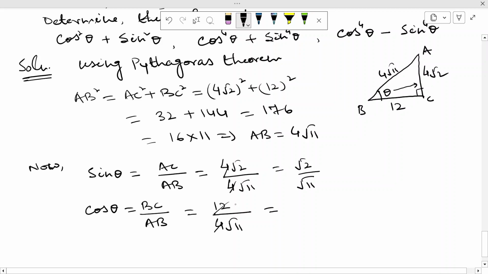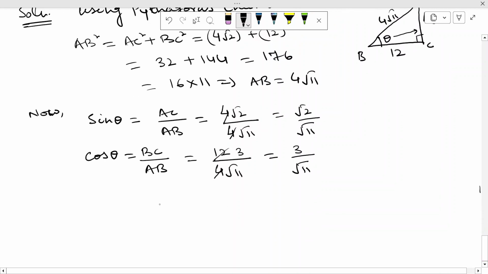So this is coming out as 3 over root 11. So this is how we obtain sin and cos theta.